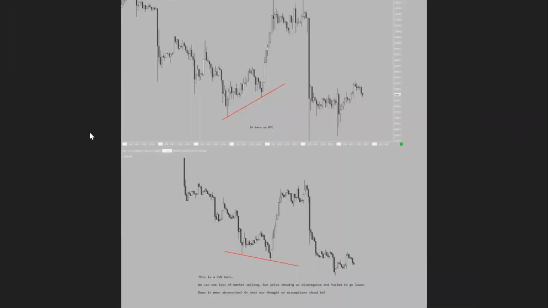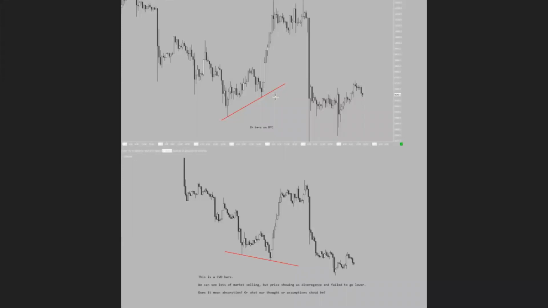Right. This CVD here, we can see lots of market selling, but price showing us divergence and failed to go lower. Does it mean absorption, or what should our thought or assumption be? Yeah, this is a great example of delta divergence.